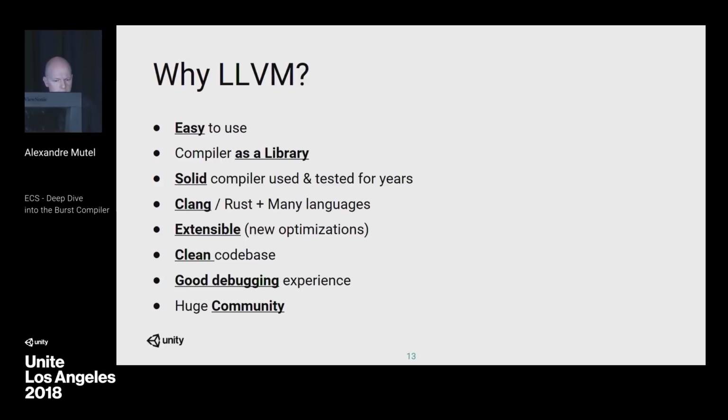It's very extensible, very easy to use. You can extend it with new optimizations without even forking it. The code base is really clean, lots of comments, I like that. And there is a good debugging experience and a huge community. So if you have a question, sometimes they didn't respond to me, but that's fair.